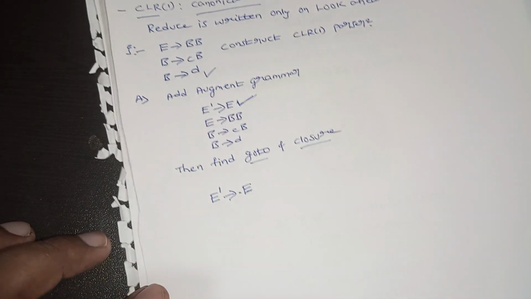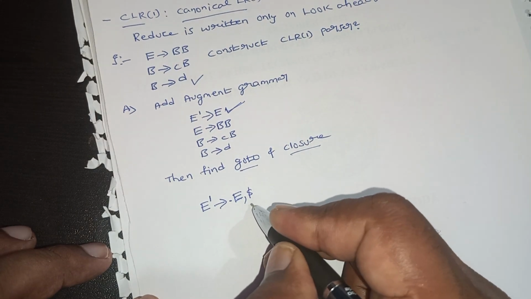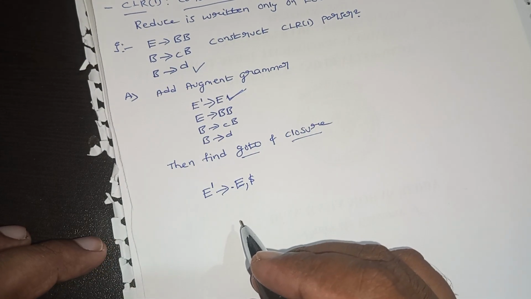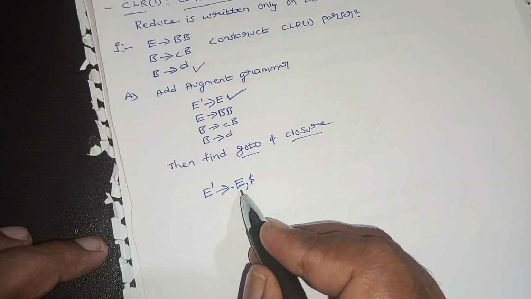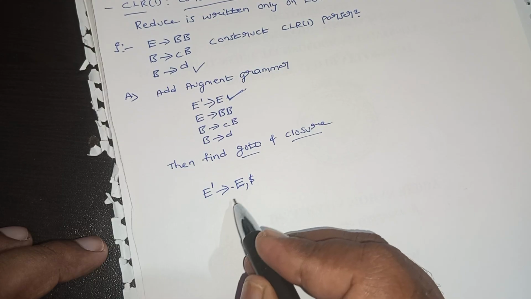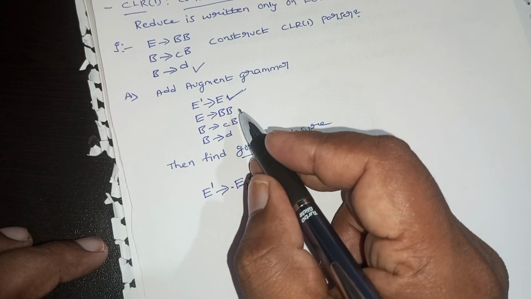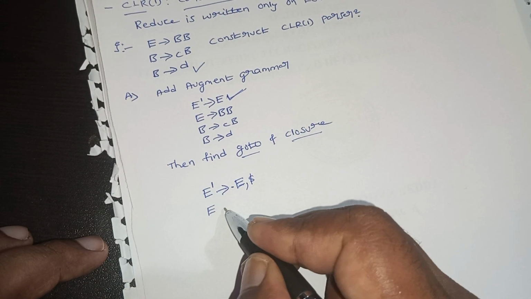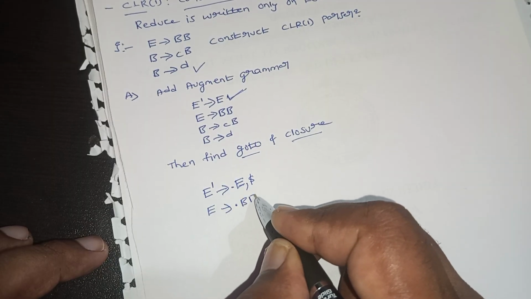Now coming to CLR(1), for the first rule you have to add the dollar, which is a lookahead symbol. As in SLR(1), whenever there is a dot to the left of a variable you add all the rules of E. So E tends to dot BB.